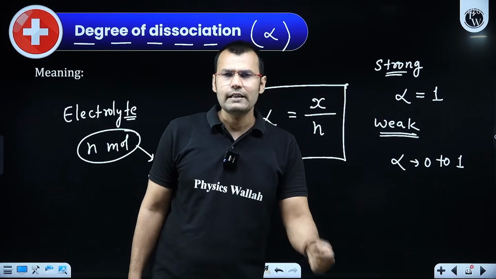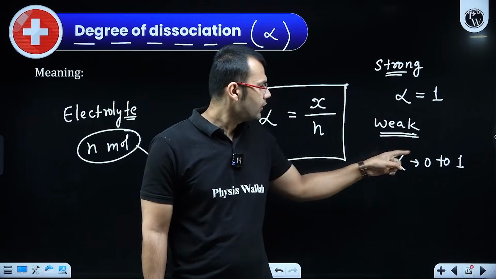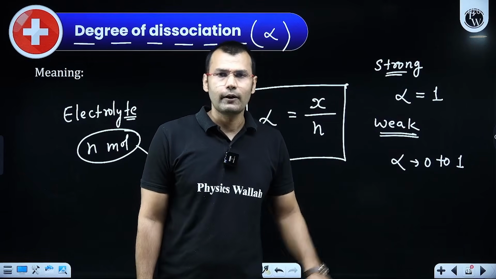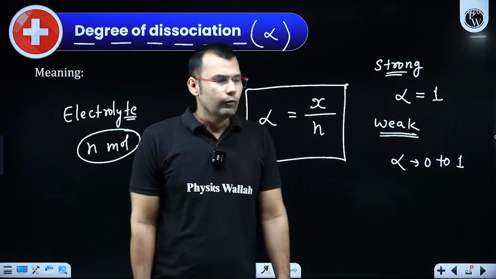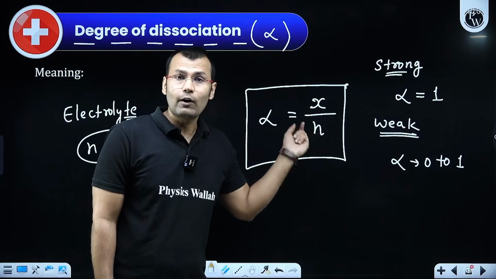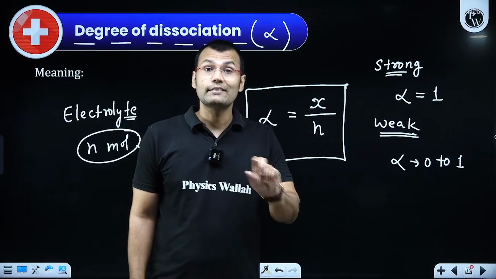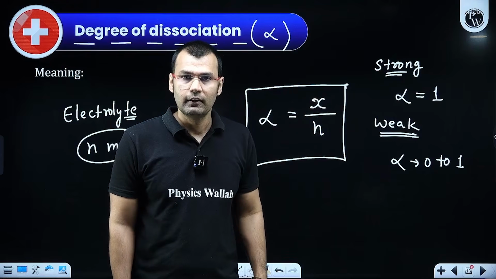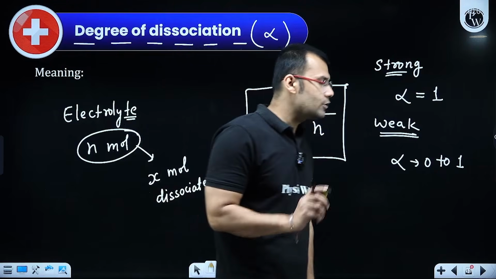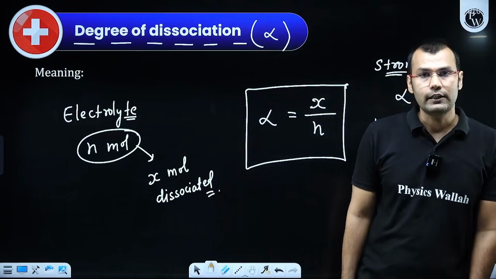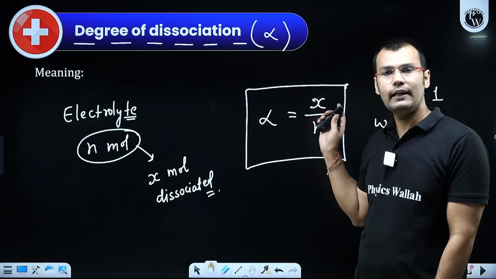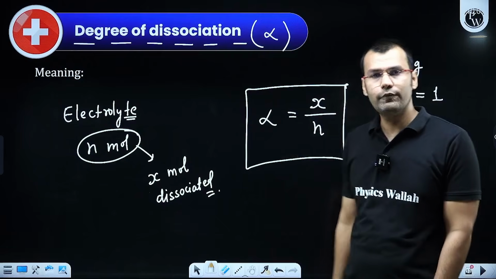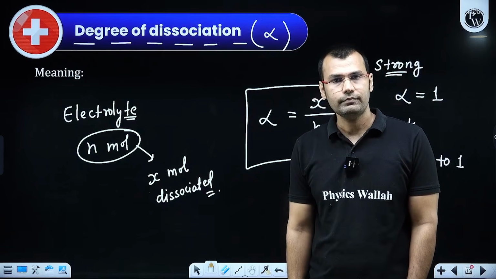And similarly for a weak electrolyte, alpha is always 0 to 1, or always less than 1, right? Why? Because whatever amount I take for a weak electrolyte, the whole amount will not break, only some part will break. So x will always be smaller than n. So I hope you have understood at least what degree of dissociation is, that means amount dissociated divided by total amount of electrolyte taken, right?